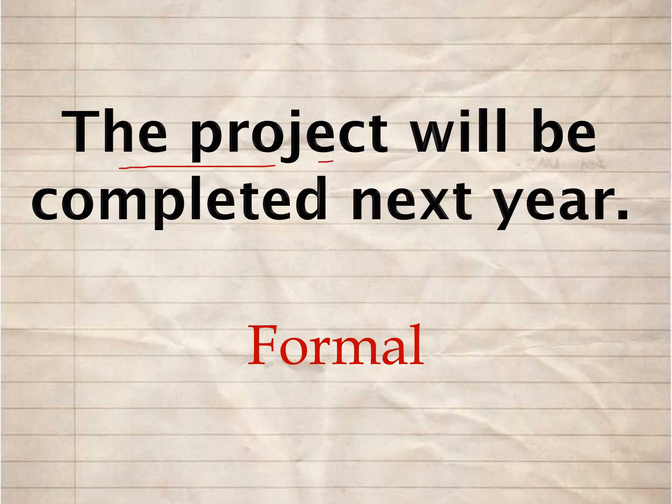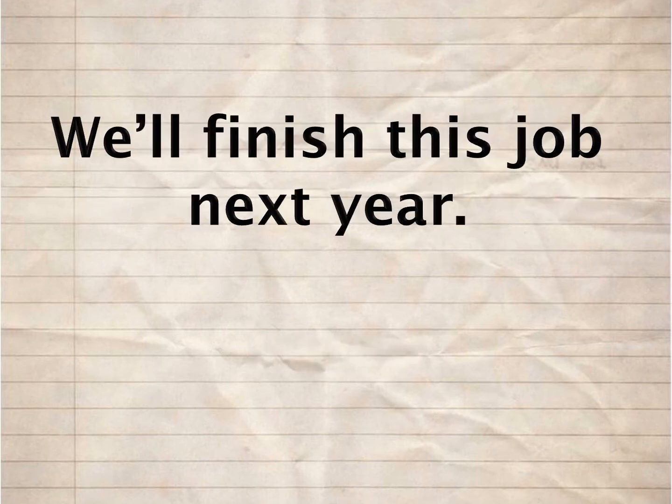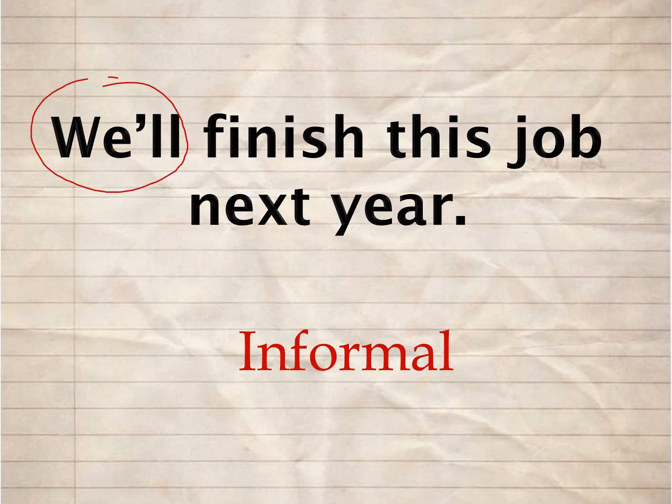Here we have the subject, and we have the long form of the word will be. That's right. Okay, another one. We'll finish this job next year. What do you think? You're right. It is informal. Why? Because we have this short form of we will.